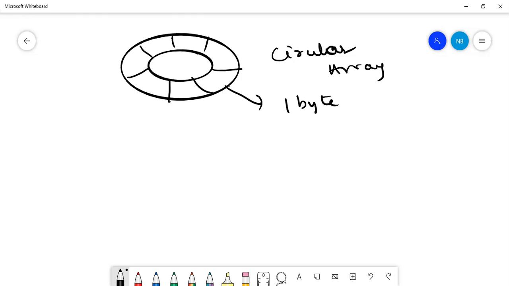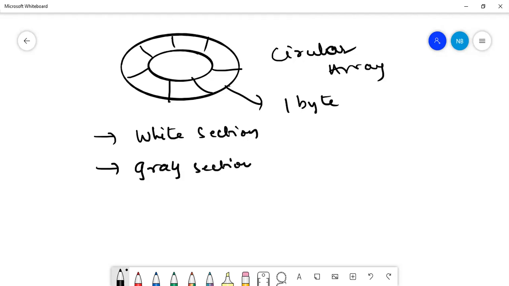Among this circular array there are 3 sections available. First is the white section, next the gray section, and there is one colored section. In images we cannot show you, I will show you the PPT, then you can understand.